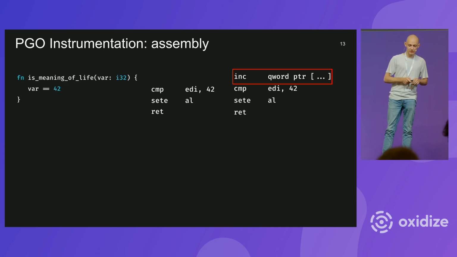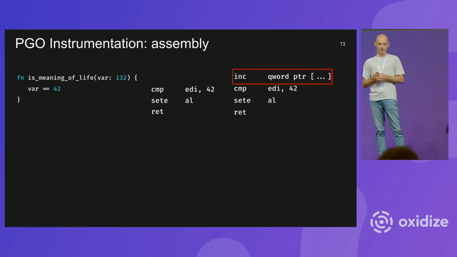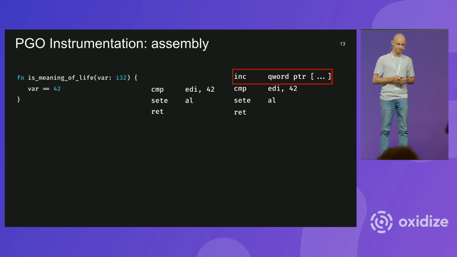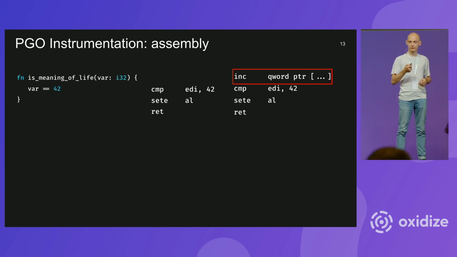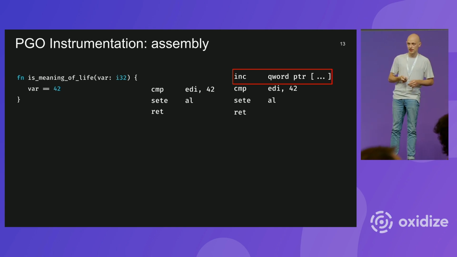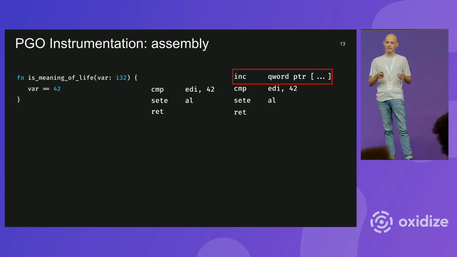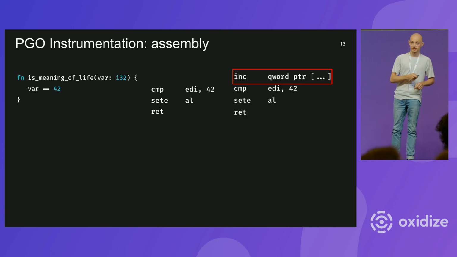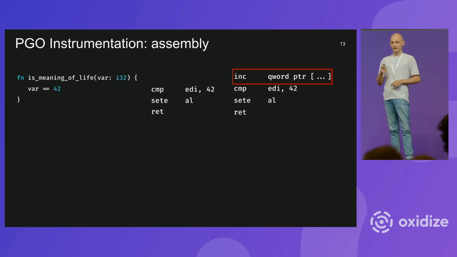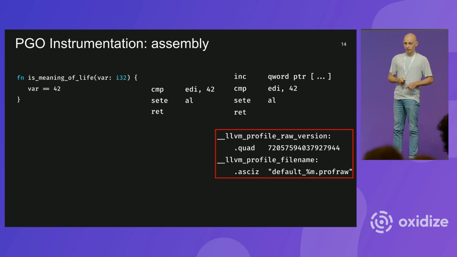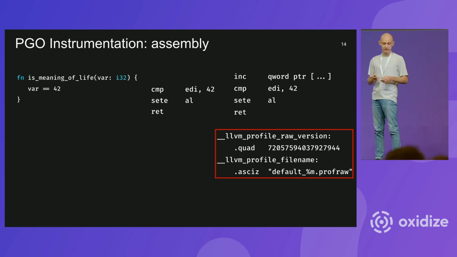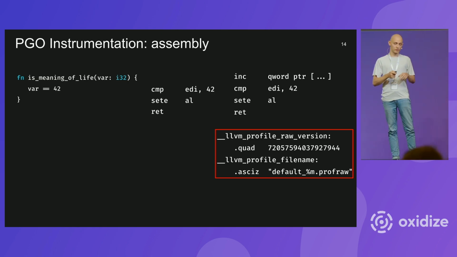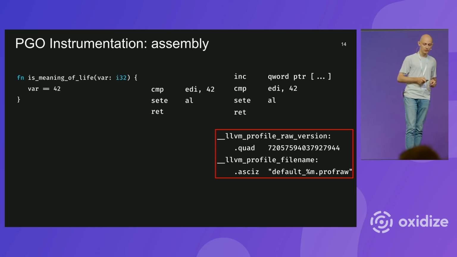The first difference we see is an additional instruction. It's a counter that is automatically inserted by a compiler during the instrumentation phase, and each time the function is executed, this counter is incremented. And then, at the exit of your program, all these counters are automatically saved to a file, default.profraw. Of course, the file name can be changed, and so on.